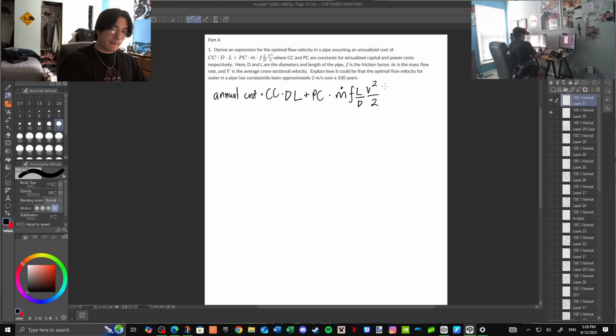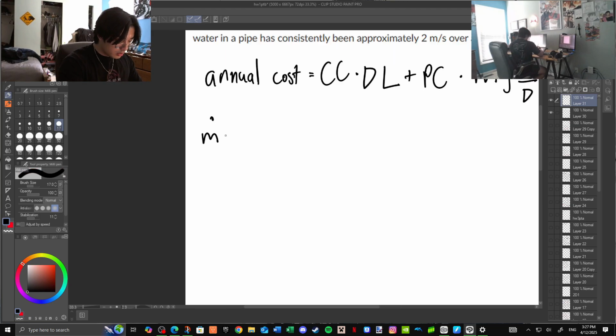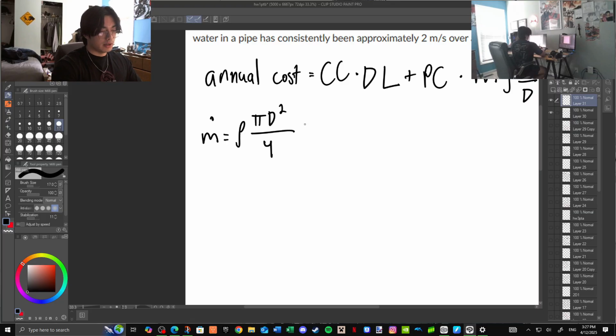In order to do that, first we need to recognize that the mass flow rate is the only non-constant variable. And so mass flow rate is just equal to the density times the cross-sectional area of the pipe, which is just pi times d squared over 4, times the velocity in meters per second.